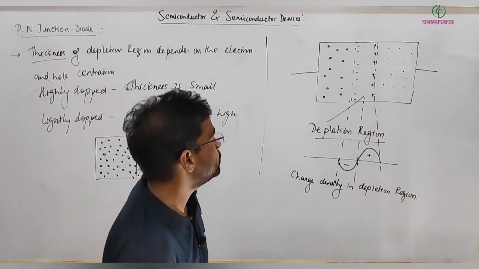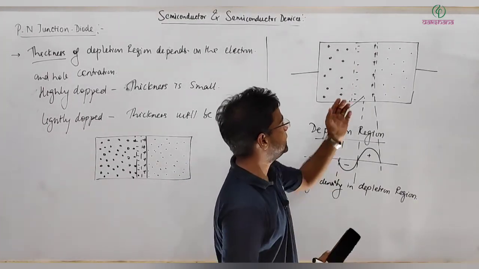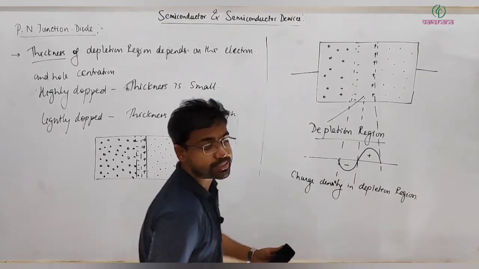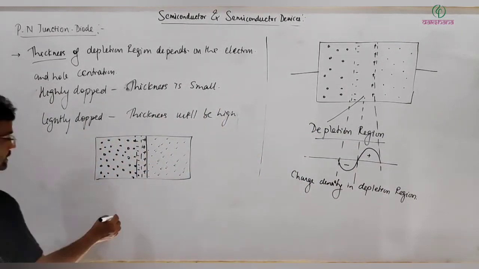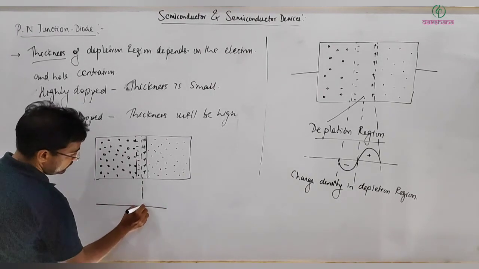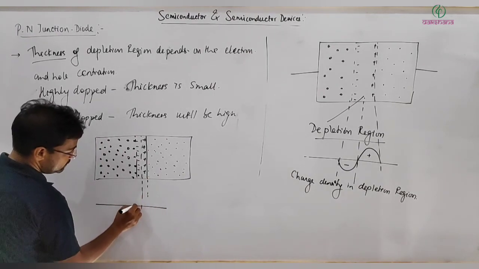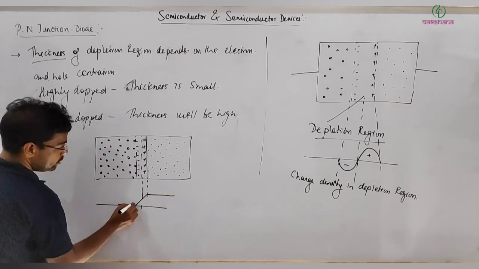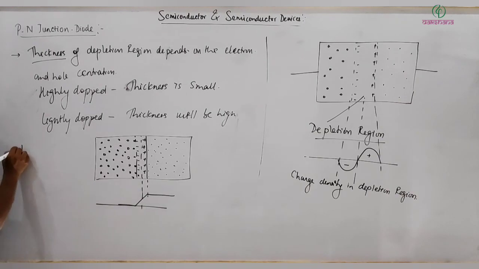And here you must be understanding that there is a potential difference that arises in the depletion region, is it? So this you can say is the potential difference. If I take this as 0, then this will be something like positive. So here the potential difference will be something like this. This potential difference we call the potential barrier.